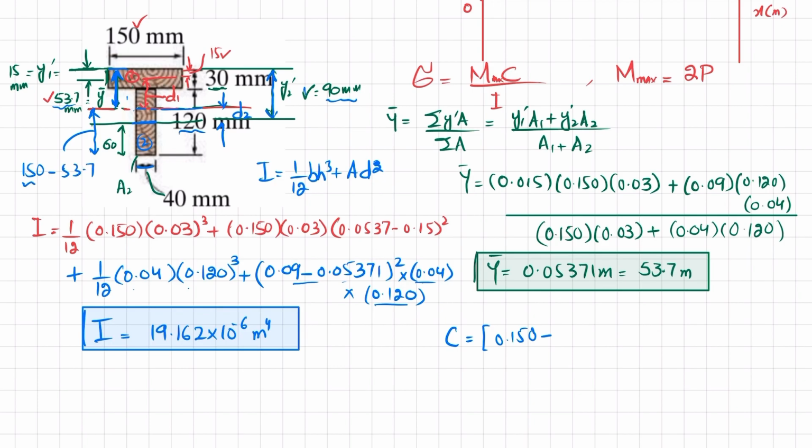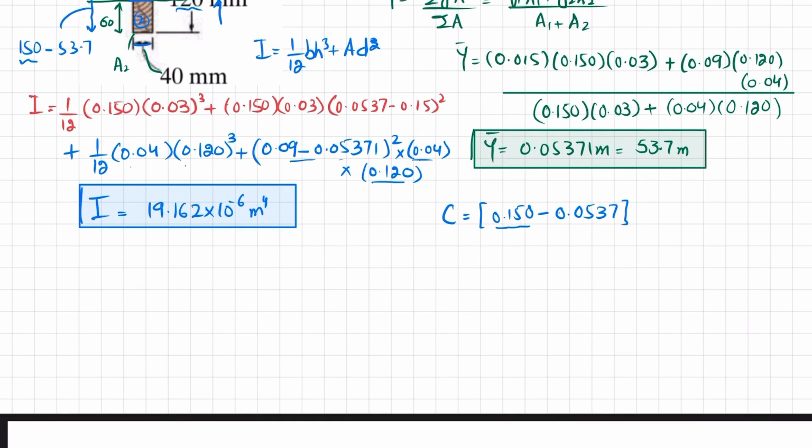So this 150 in terms of millimeter is 0.150 minus 0.0537. Clear? So this is the distance, the maximum distance.